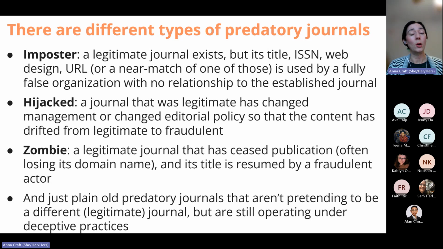And perhaps lost its online domain name. And then another journal, a bad actor, comes in and takes that domain name or title, and again is kind of masquerading as that quality journal and hoping that people will not do their homework. We also have just plain old predatory journals that aren't pretending to be a different journal, but are still operating under those deceptive practices when it comes to review and quality. So there's a lot going on in this area, unfortunately.